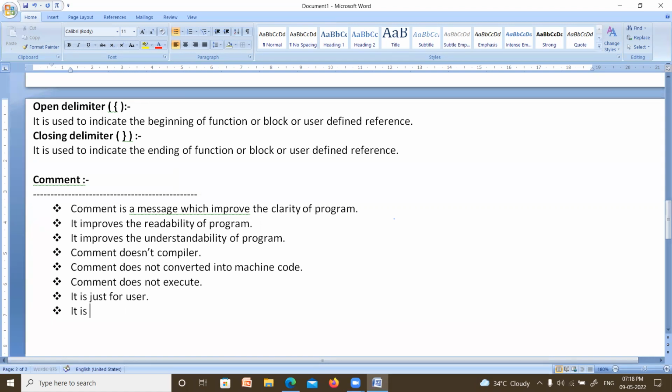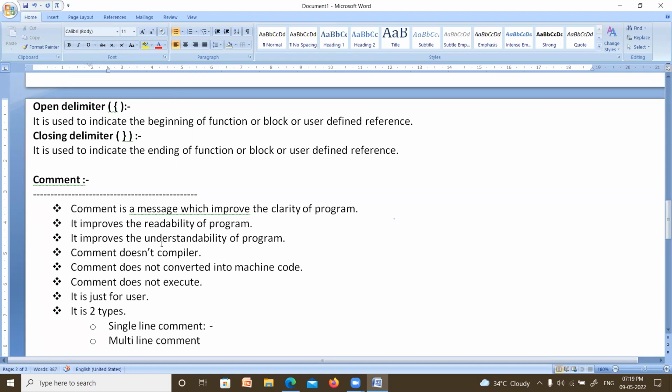It is of two types. One is single line comment, the second one is multi-line comment. Now, what is the meaning of single line comment?